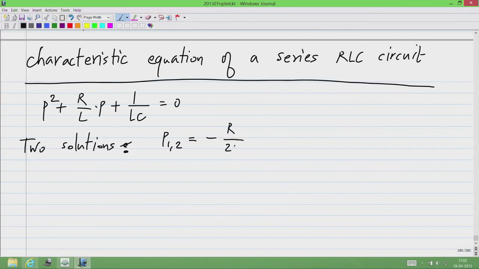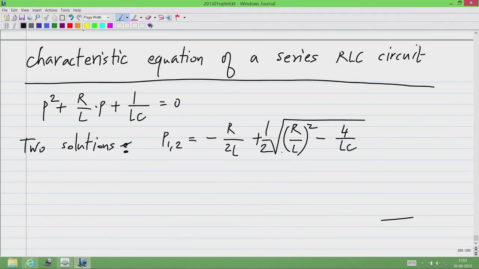It will be minus R by 2L plus square root of, and so on. So, this is the solution in general. Now, this can give you three different kinds of solutions.